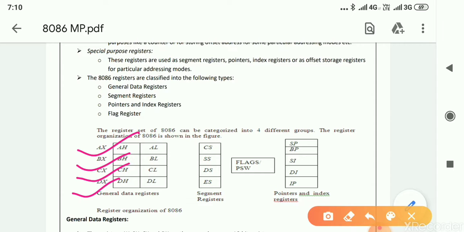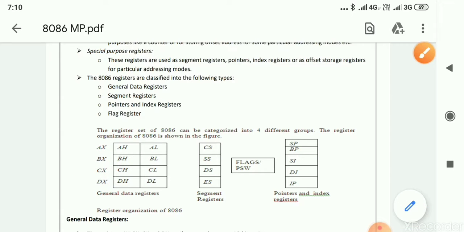Similarly, AX can be written as AH, AL, BX can be written as BH, BL. So this is basically the higher byte and lower byte. Segment registers: you divided 1 megabyte memory into 4 segments, that is code segment, stack segment, data segment, and extra segment. So 4 segment registers are here.